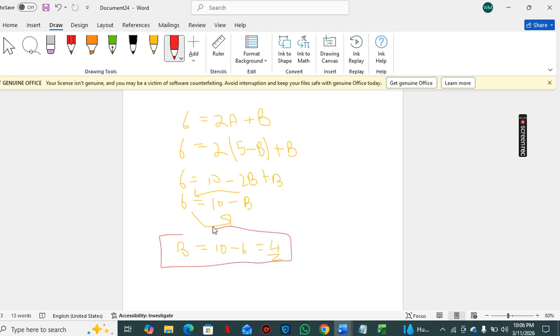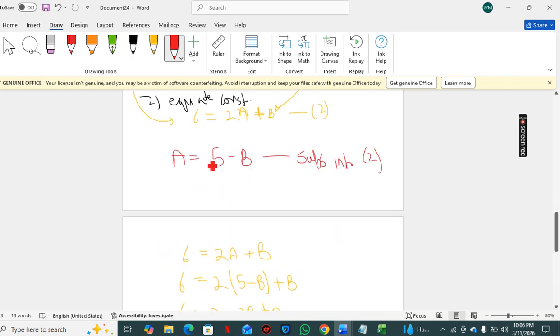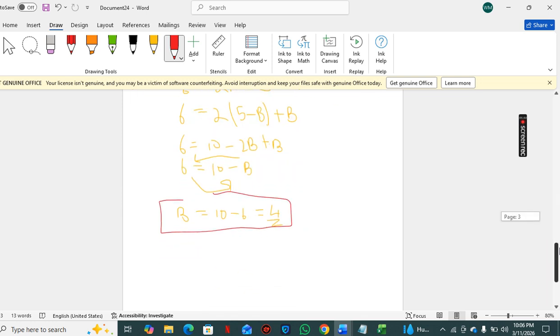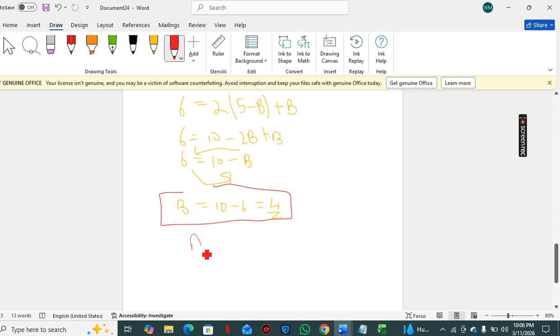Since we have the value of B, we go back to this equation here. A equals 5 minus B. You just substitute B there. Yes, the answer is 1. Okay. I hope we are getting this in our assignments.